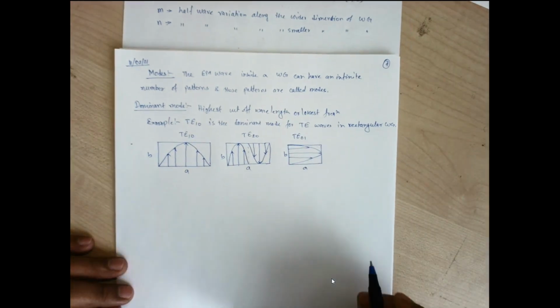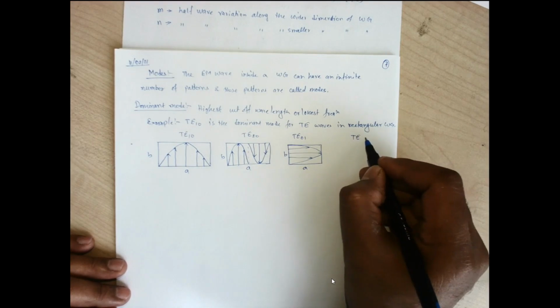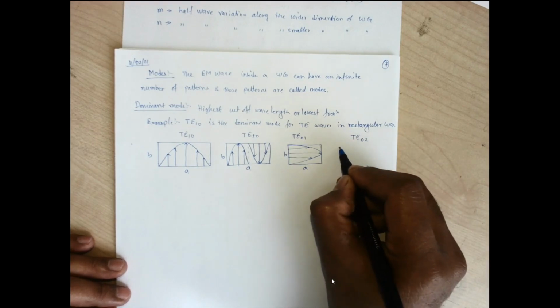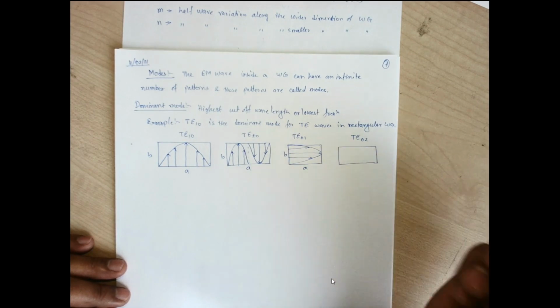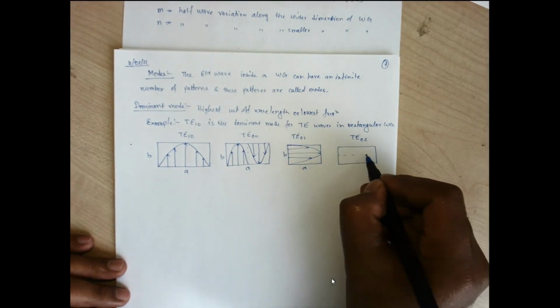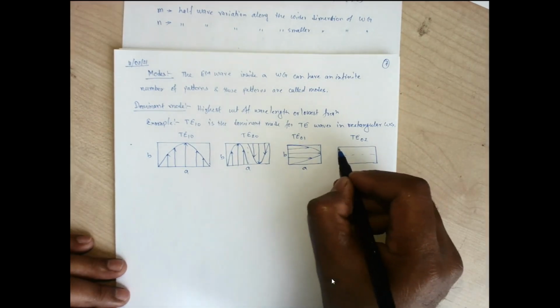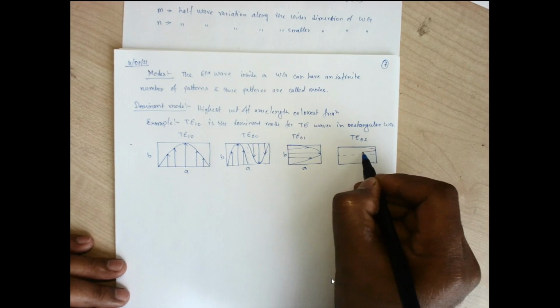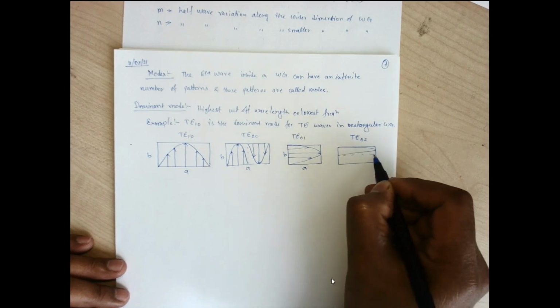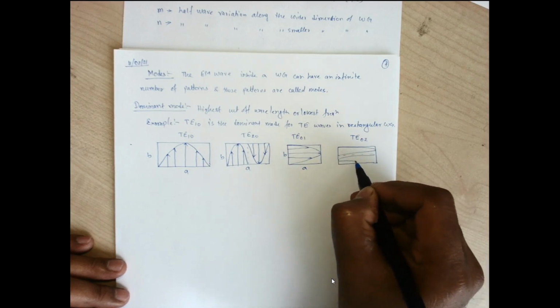Same if we have TE02, then it will have two half wave variations along the smaller dimension. So it will have something like this.